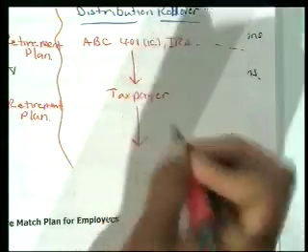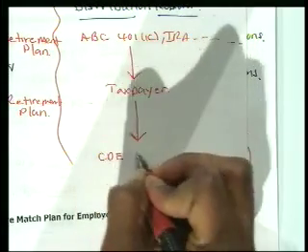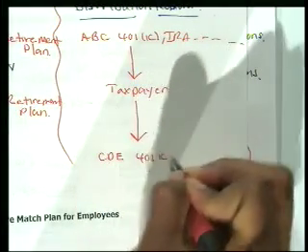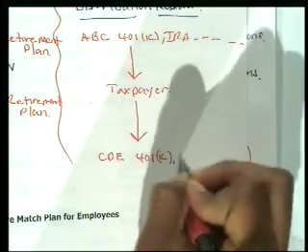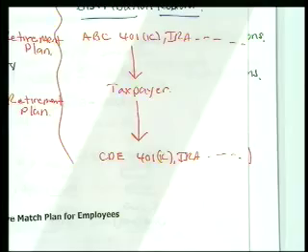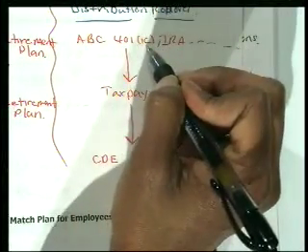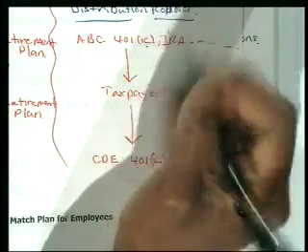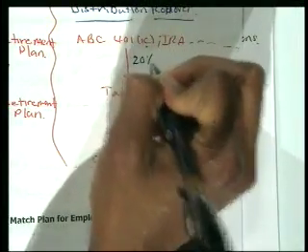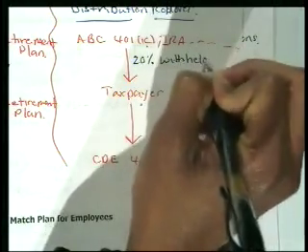Then I turn around and put it in CDE 401k, IRA, or whatever. Okay? So in that case, there's a situation. First of all, when ABC gives it to me, they're required to withhold 20% tax.